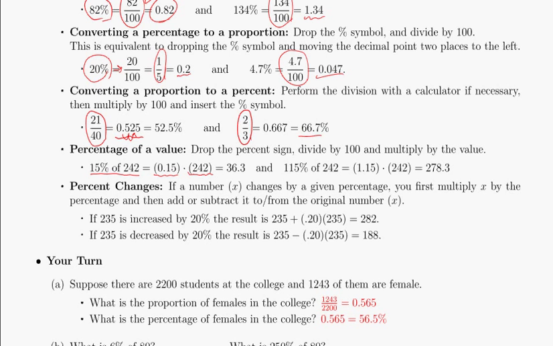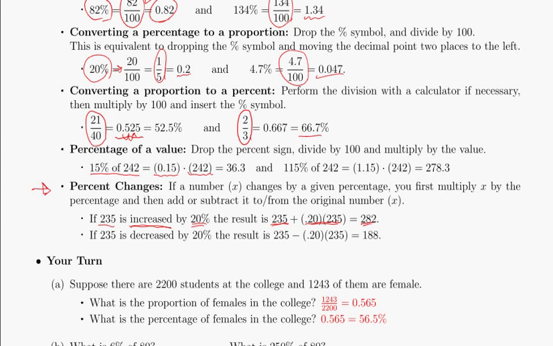A percent change, and this is where the biggest errors pop up. If a number changes by a given percentage, for example, if 235 is increased, and that's very important, by 20%, then what you do is you take the 235, the original amount, and you add 20% of that original amount, and you get 282.